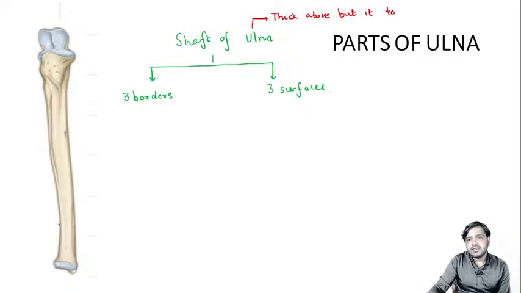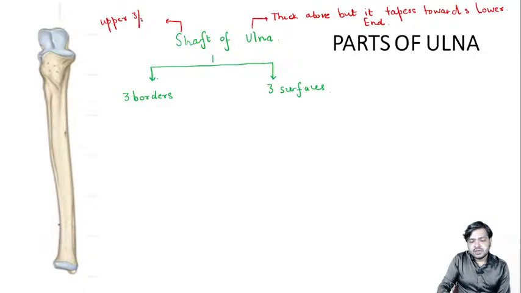It is very wide above, and coming down it will end in a narrow tapering. Remember that the upper three-fourths of the shaft is triangular in cross section.